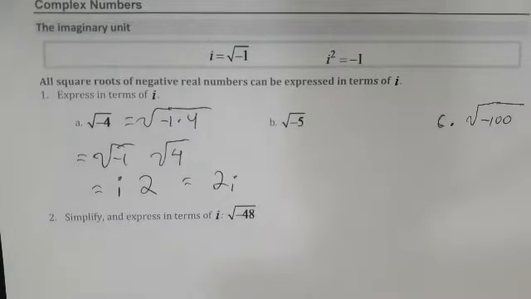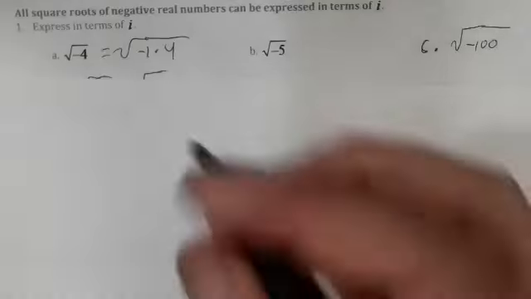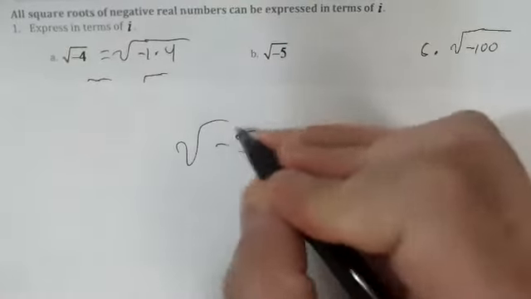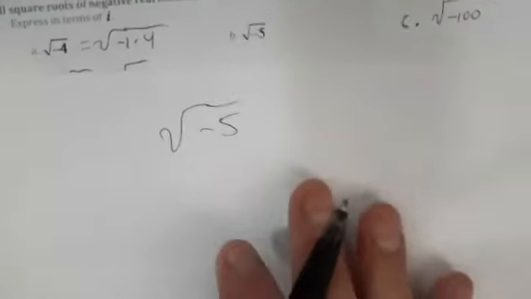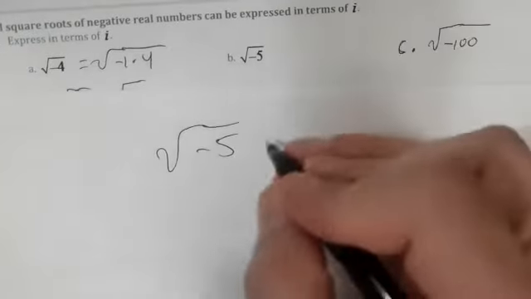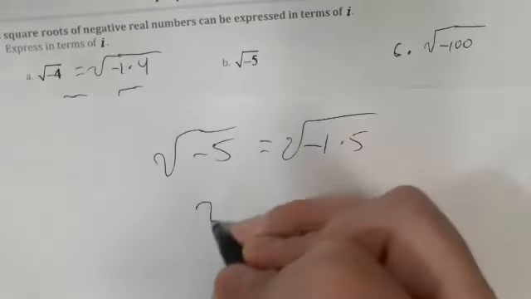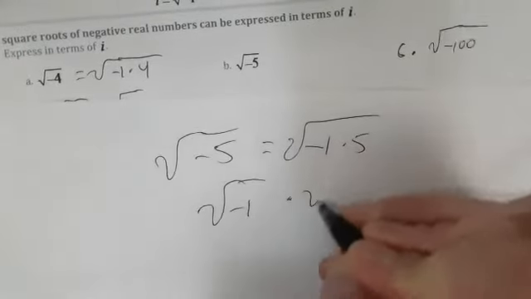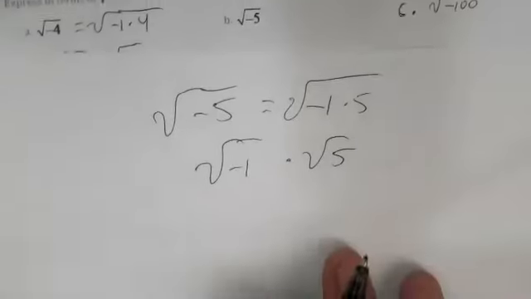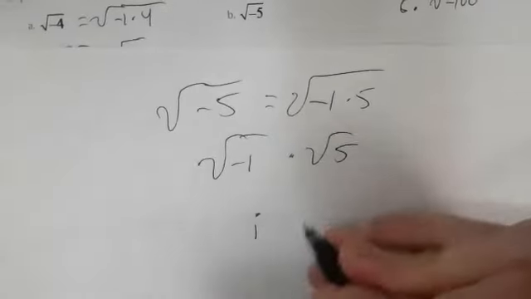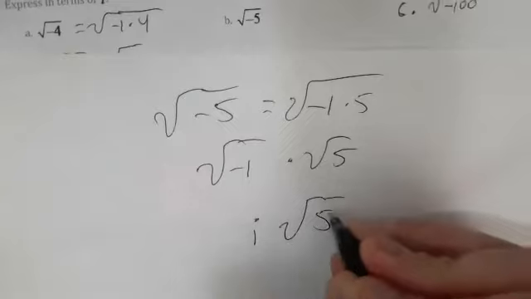Similar with what's happening here, I want to do a square root of a minus 5 now. And we're looking at this thing like a minus 1 times a 5 in the square root. This is like the square root of minus 1 times the square root of 5. So this thing is an i, and I have a root 5.